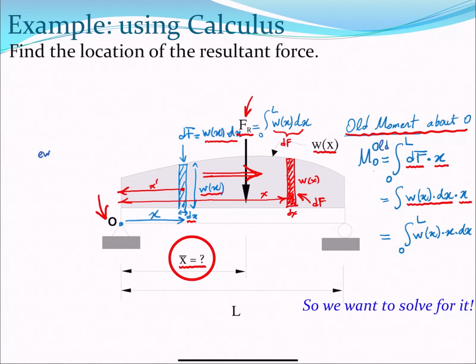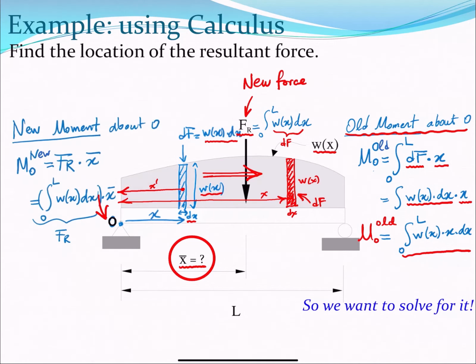And then we can define an integral that looks like this, rearranging the terms. So this is equal to the old moment about point O. This old moment has to be equal to the moment caused by the new force, right?